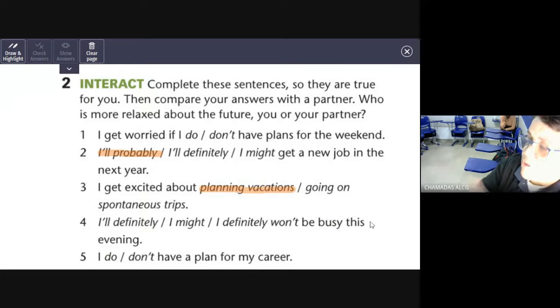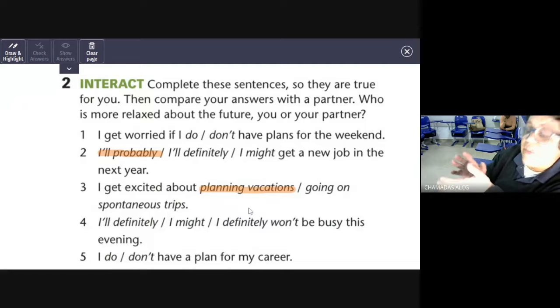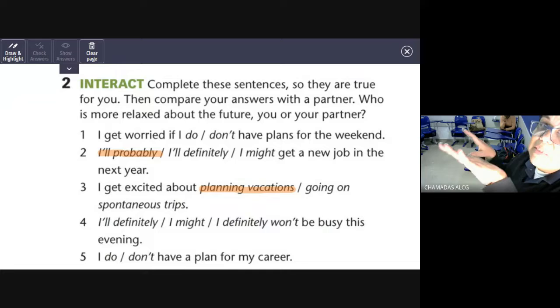These are the options, okay? It's because the font is not so clear. We know these are the options, but sometimes they get a little mixed up with the rest of the sentence. So the sentence is be busy this evening. So what do you think? You'll definitely be busy, you might be busy, or you definitely won't be busy.